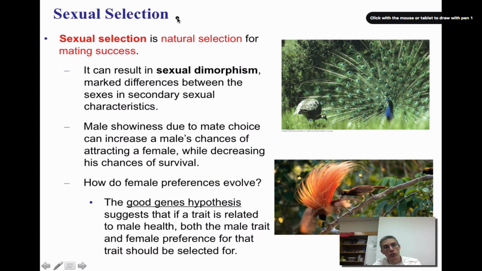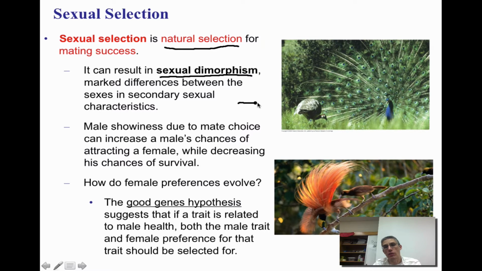Now, sexual selection is also something that's really important to look at because it has a very heavy influence in natural selection. Because if you think about it, you're basically trying to achieve mating success. Now, what this does in the animal kingdom, it results in something called sexual dimorphism. Now, sexual dimorphism is simply very marked differences between the sexes in the secondary sexual characteristics.